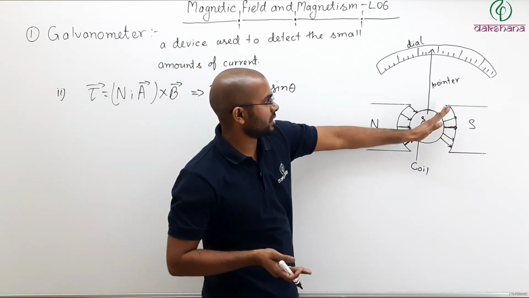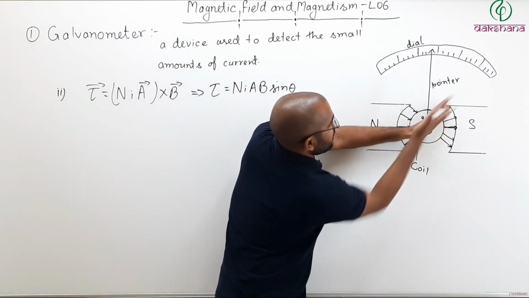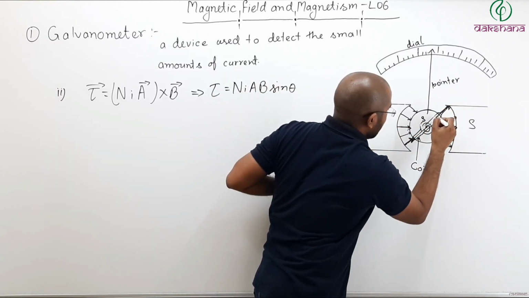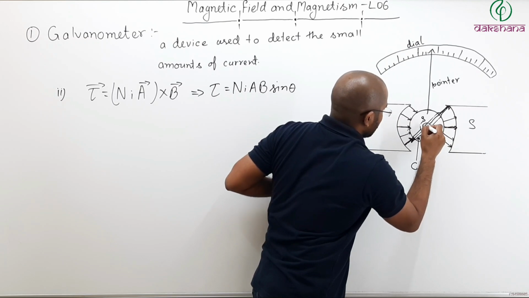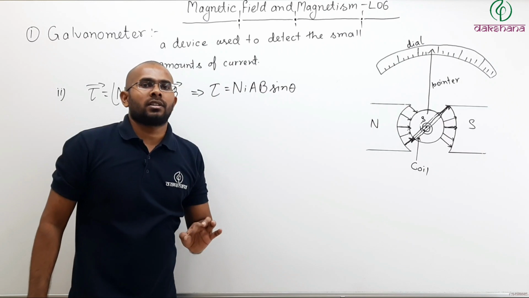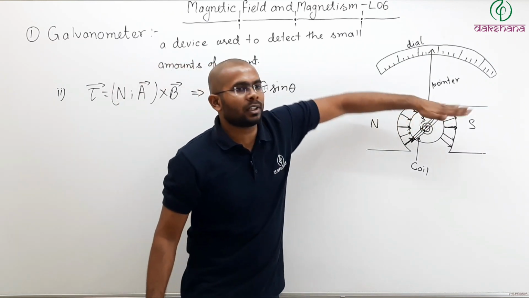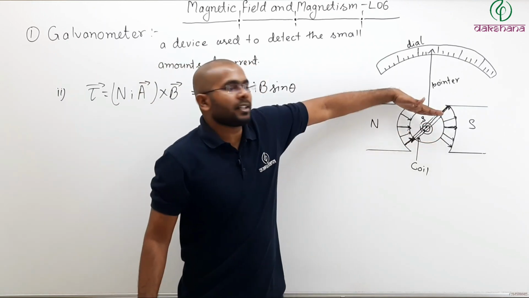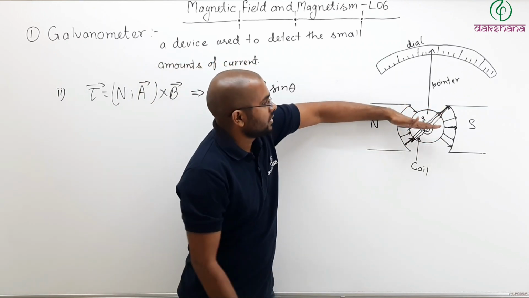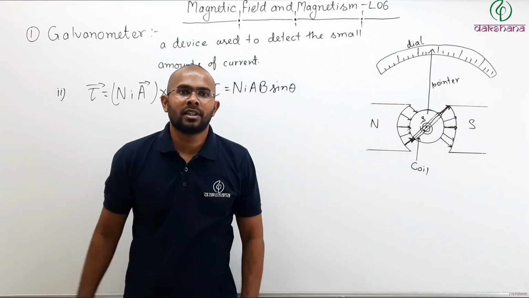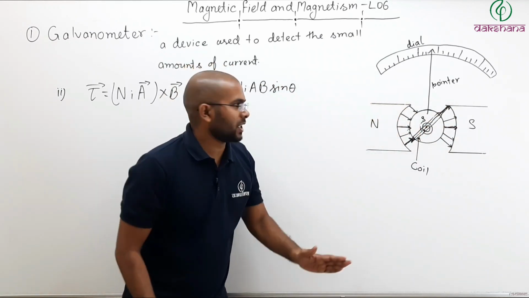See here, this is the plane of the coil, and this field is parallel to it. Other fields will not apply any torque. If I rotate it a little bit, again this field will become parallel and others will not apply any torque.